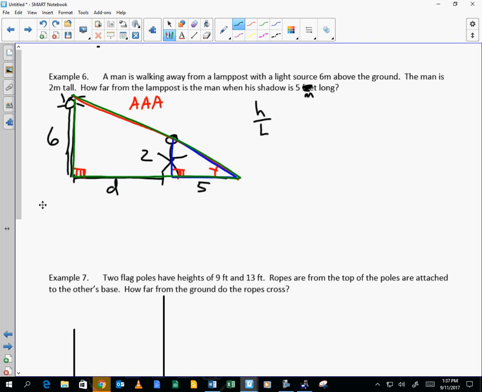So if I take the heights and divide it by the lengths, hopefully it'll work out. What's the height of the dude? 2. Which apparently half of his height happens to be his neck. Okay? Divided by the length 5 equals the height of the 6 over D plus 5. Cross multiply.